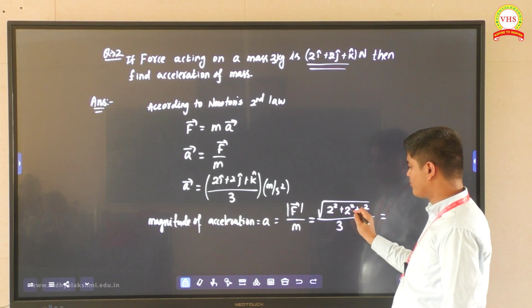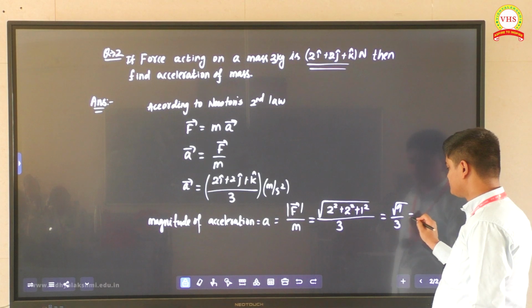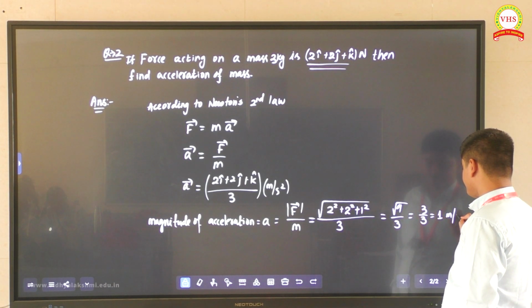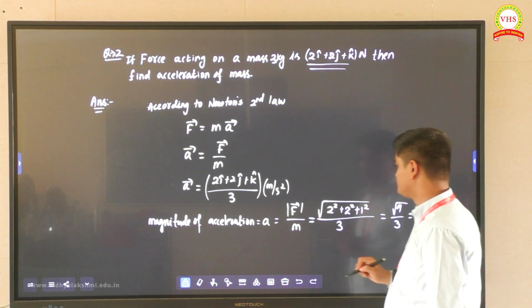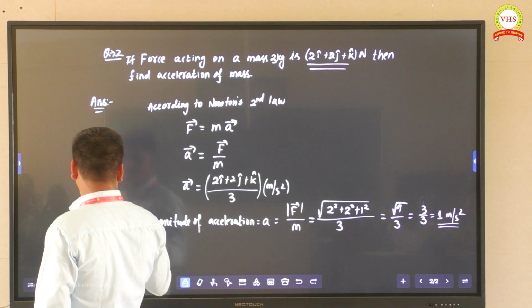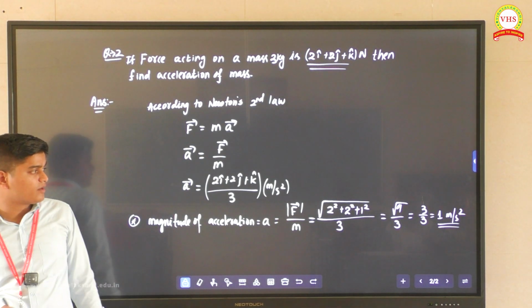Now how much is coming? 4 plus 4 plus 1, root 9, which is 3. 3 by 3, so the magnitude of acceleration is 1 meter per second square.